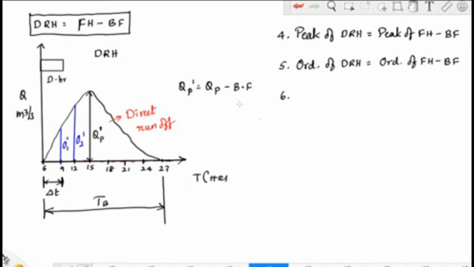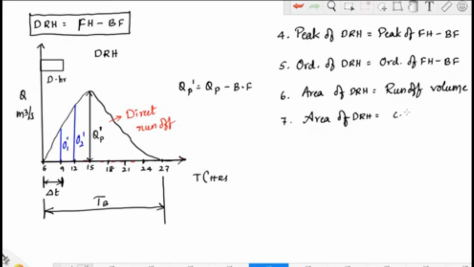Sixth point. If I find the area of DRH, I'll get runoff volume. Seventh point, area of DRH is equal to catchment area into runoff depth.